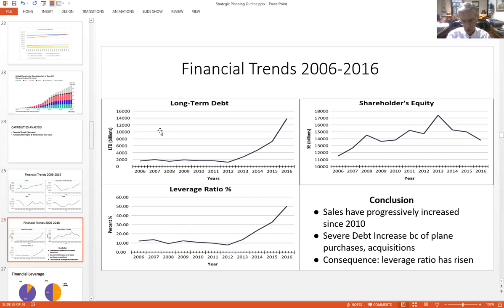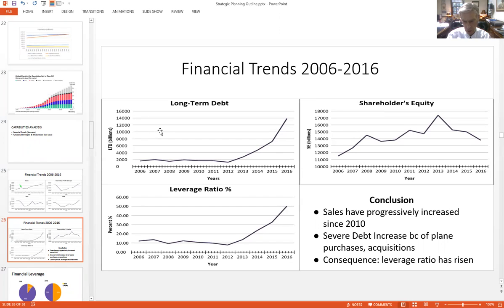Invested capital is essentially the sum of funded debt and equity. So what portion of that total does long-term debt represent? And that's the leverage ratio.